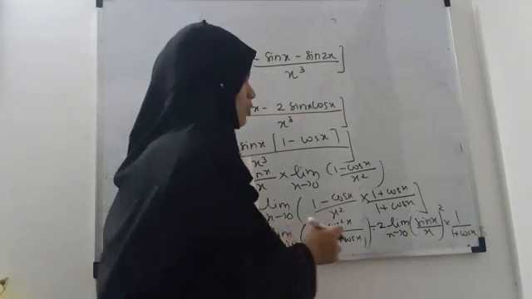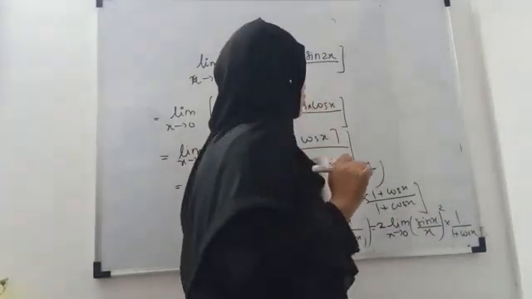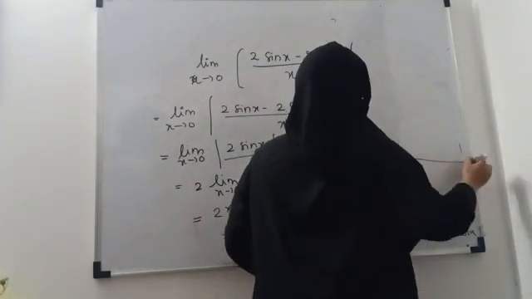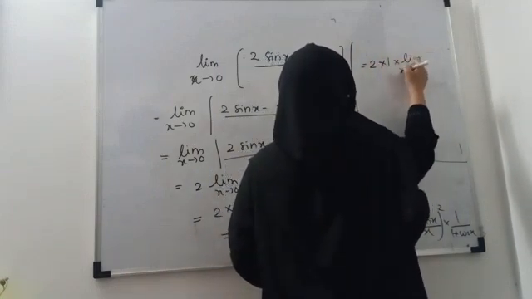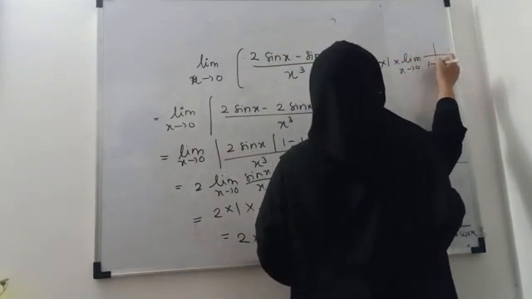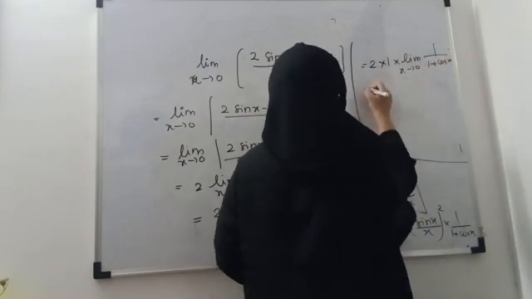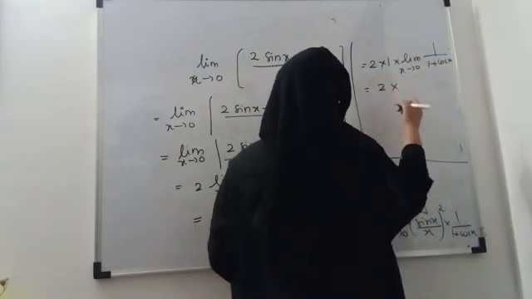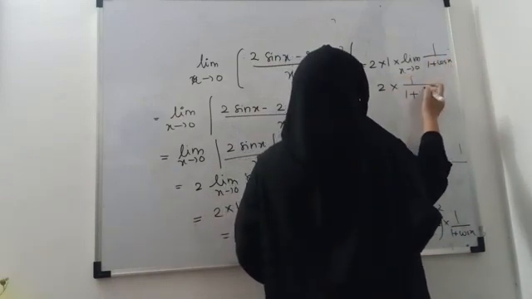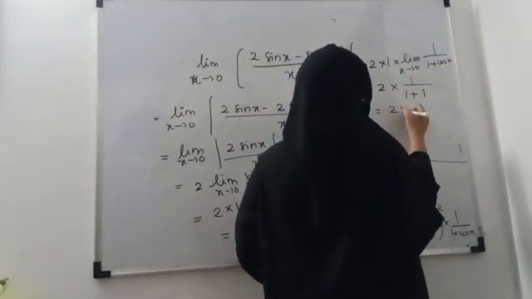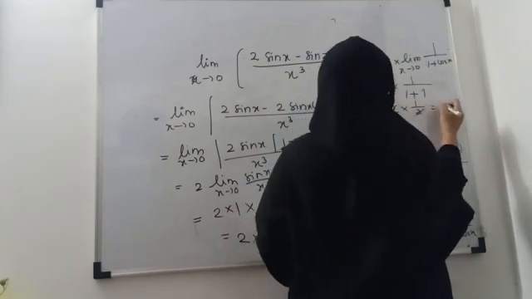Now the value of this again will be equal to 1. So this is 2 into 1 into limit x tends to 0, 1 upon 1 plus cos x. So it is 2 into 1 upon 1 plus cos 0, which is 1 plus 1. So 2 into 1 upon 2. So the answer is equal to 1.